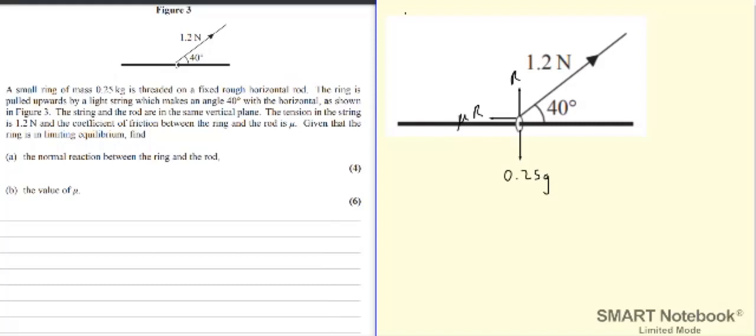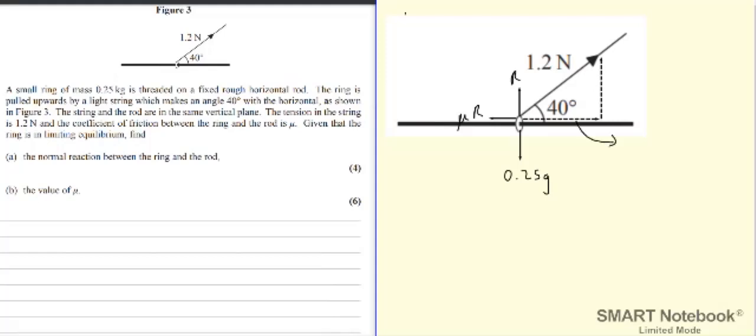Now, what we like to do is, for any forces that are not vertical or horizontal, we can resolve them into the various components. I represent that with dotted lines here.